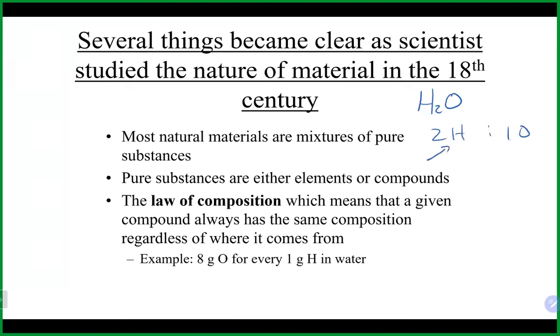Each hydrogen is about 1 gram or so, so that's about 2 grams of hydrogen, and each oxygen is about 16 grams. So if we divide by 2, for every 1 gram of hydrogen, we should have about 8 grams of oxygen, no matter where you get the water from.